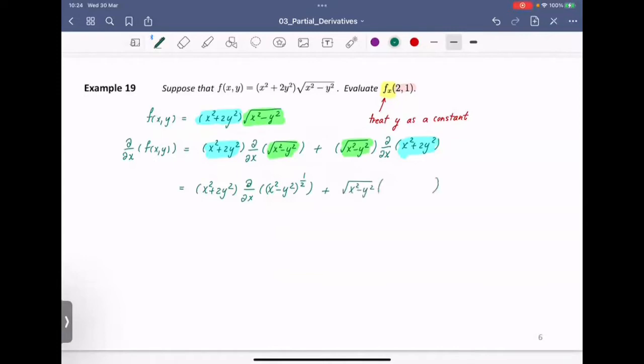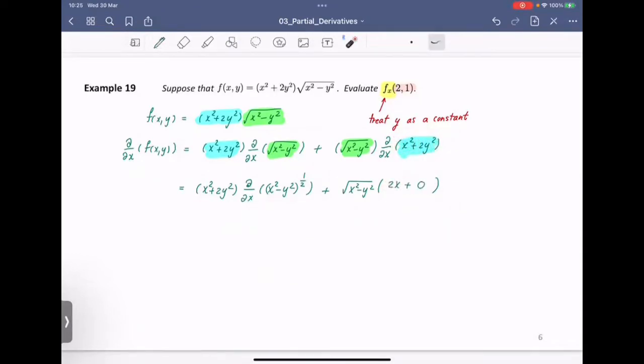Well, on the last term, this is easy, right? Because you have x squared plus 2y squared. Okay, you differentiate with respect to x. What would you get here? So you differentiate x squared, you get 2x. Differentiate 2y squared, but y is constant, so it's going to be 0. Sounds good? So at the end here, you get 2x plus 0.